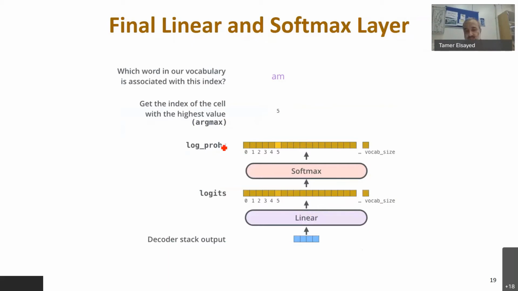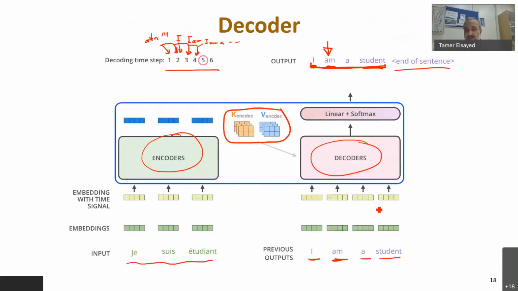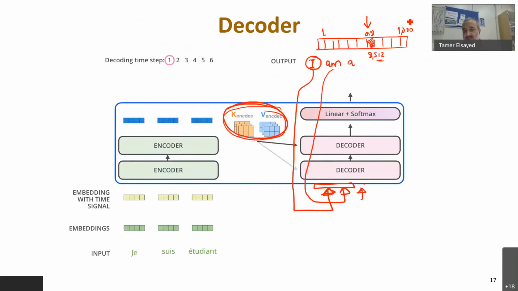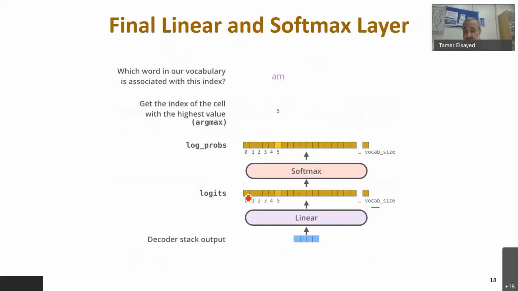For each of these numbers, we'll get an output at the vocabulary size. So if the vocab size is 1000, then we'll get 1000 numbers out of this. These numbers can be positive or negative, so they will be converted into probabilities using what we call a softmax layer. That softmax layer will just convert these numbers into probabilities.